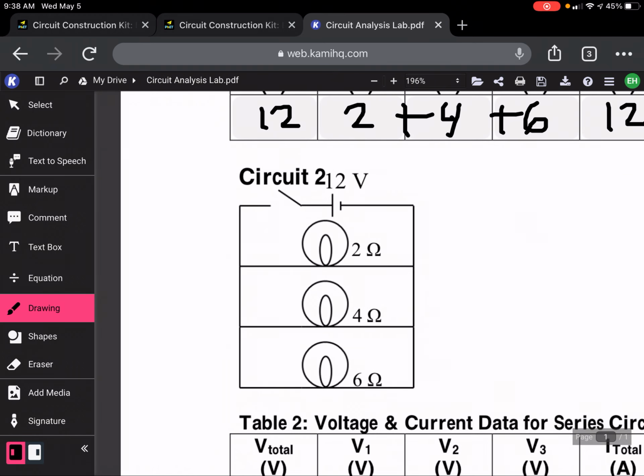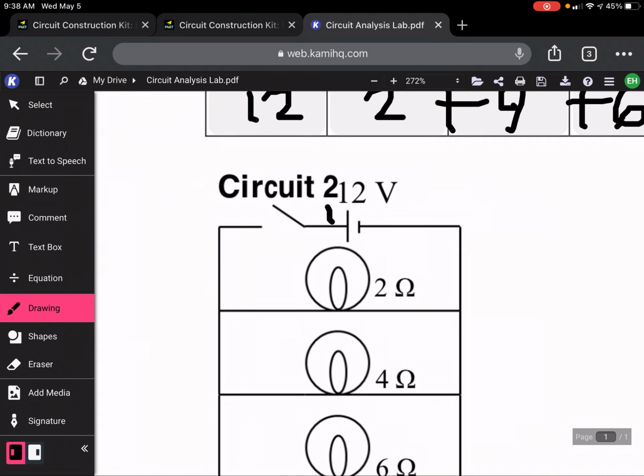Let's start with voltage. Now, remember what we said earlier. On the positive side, that's where your voltage is. So 12 volts on the positive side. On the negative side is 0.